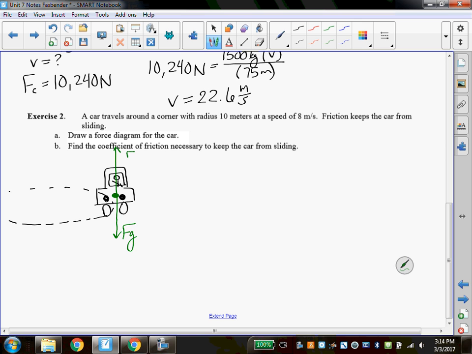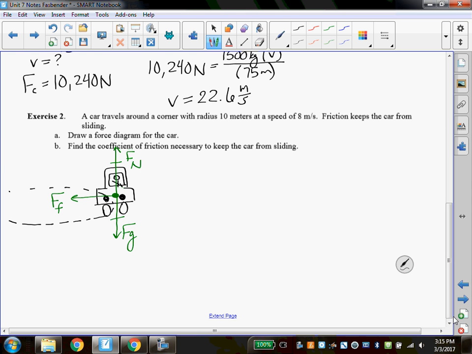And there is a normal force on the car pushing it up from the ground. Now these should be the only vertical forces, and since we are not accelerating up or down, they must balance one another. And then the problem is even nice enough to tell us that the force of friction is what keeps the car from sliding as it goes through this turn.